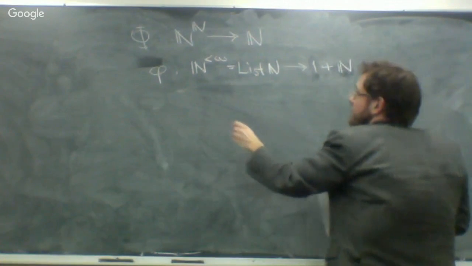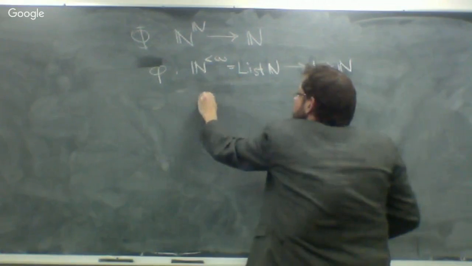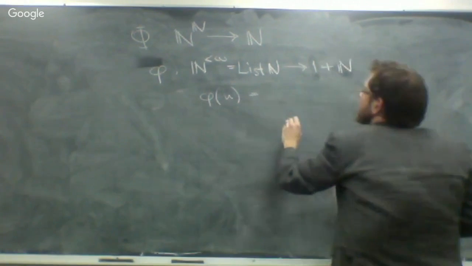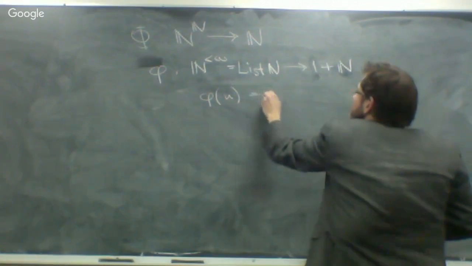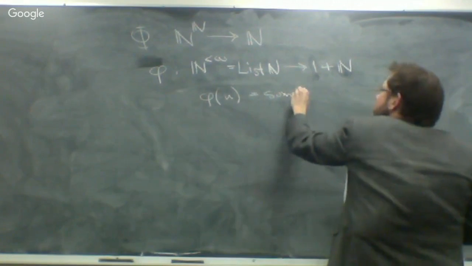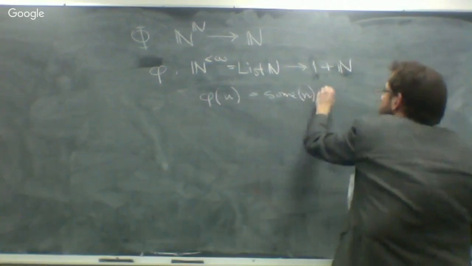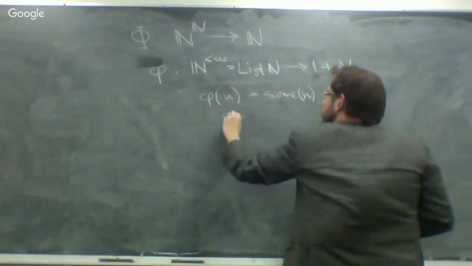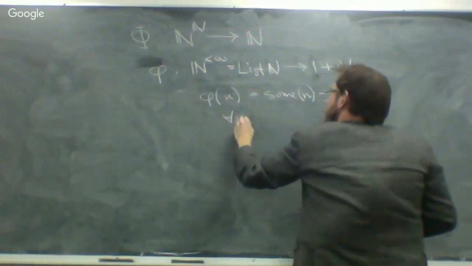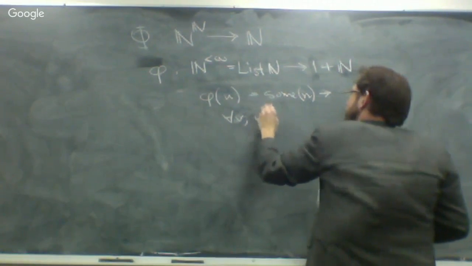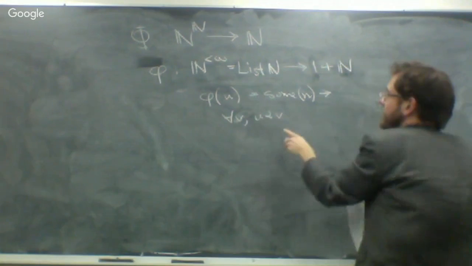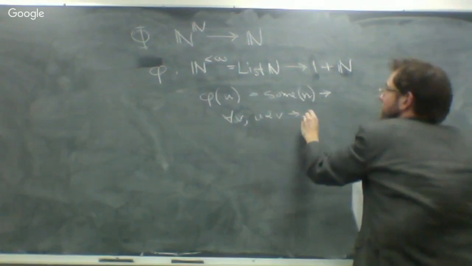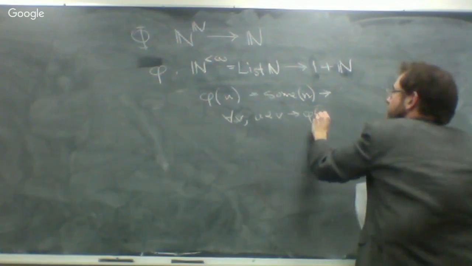So what we require is phi of u equals the sum n, then for all v extending u, phi of v should get this.